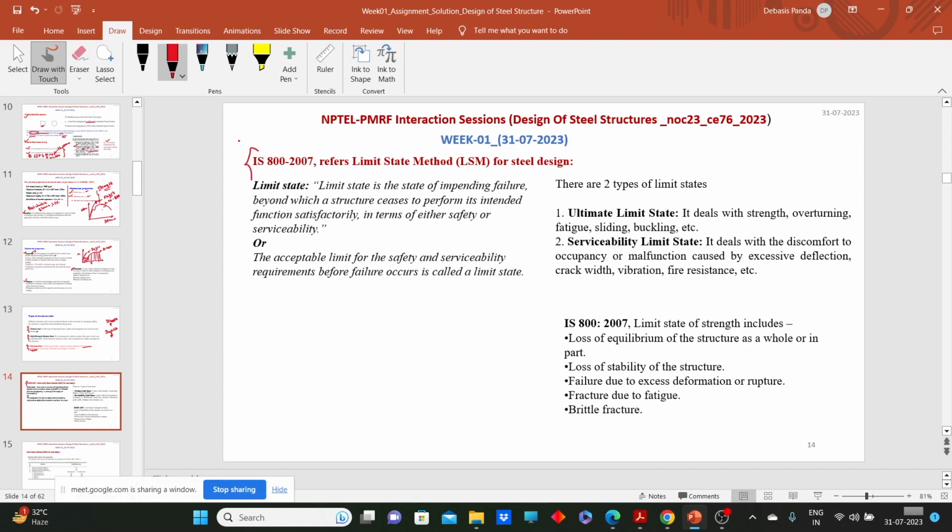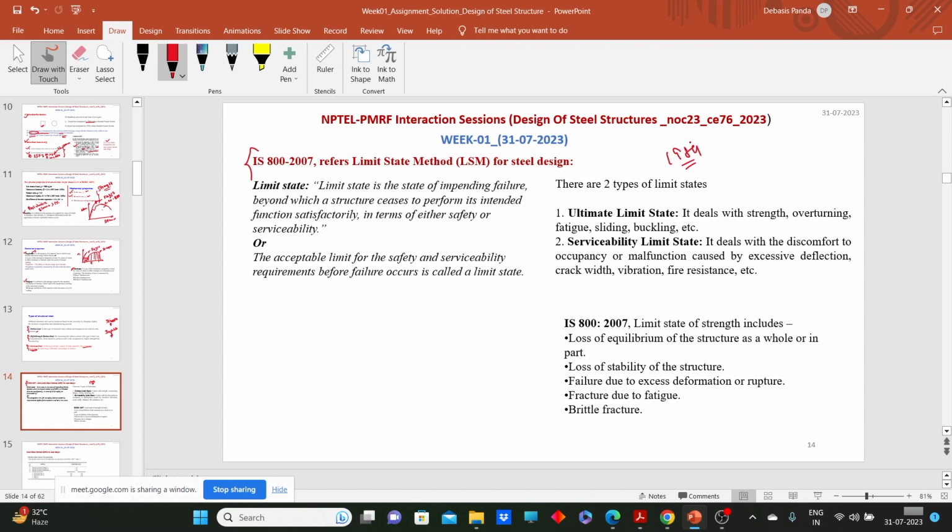IS 800:2007 solely refers to the limit state method of design. If we need the WSM or working state method, we have to go for IS 800:1984. These codes also don't cover the working state part, so we will directly go into the limit state method of design.